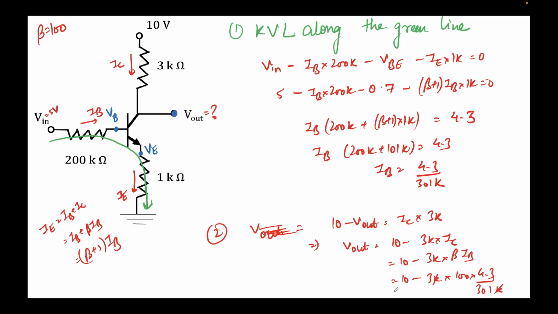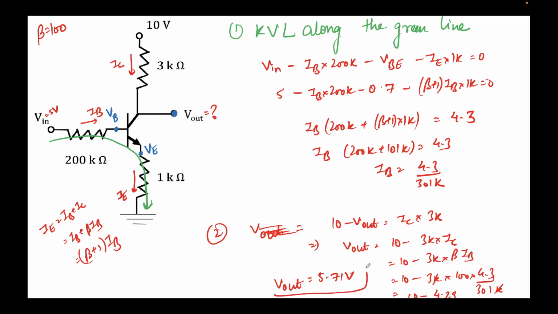I am just going to solve this expression using my calculator. The numerator is 300 times 4.3 divided by 301, which is nothing but 4.29. So it's 10 minus 4.29, and thus Vout comes out to be 5.71.